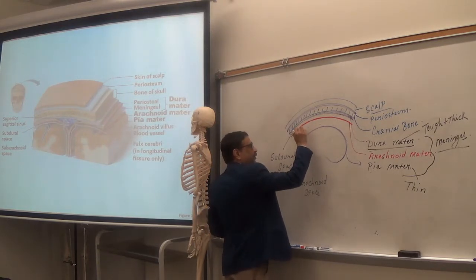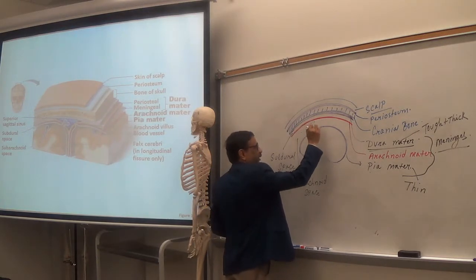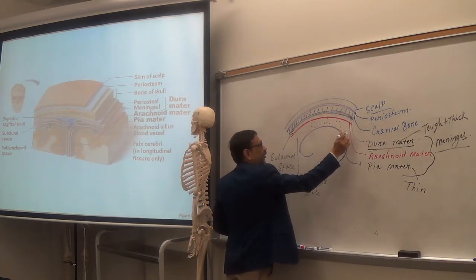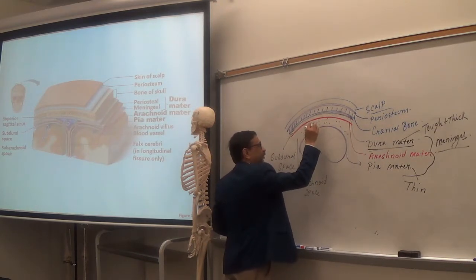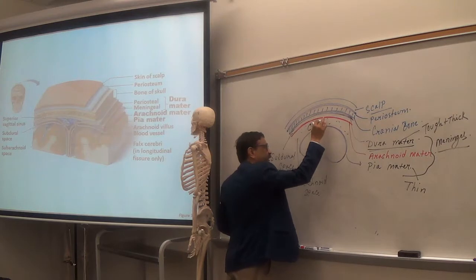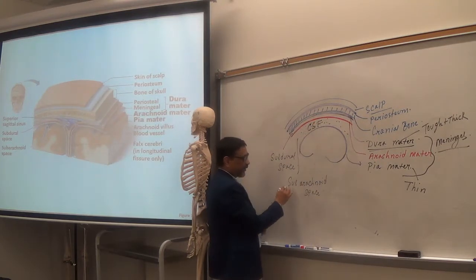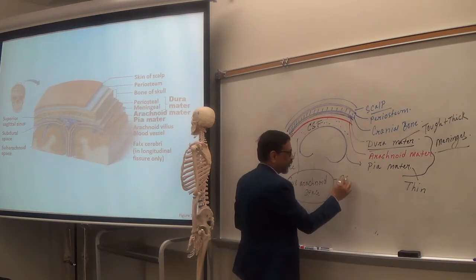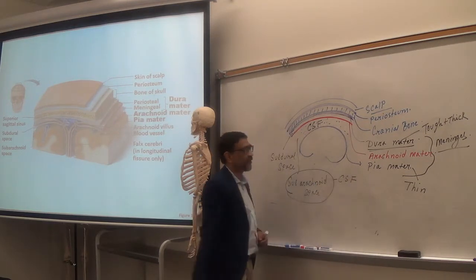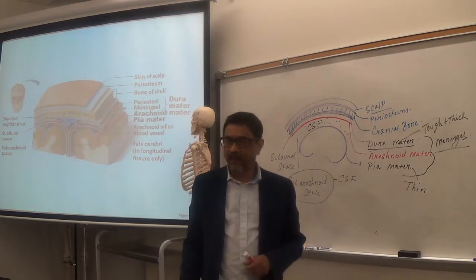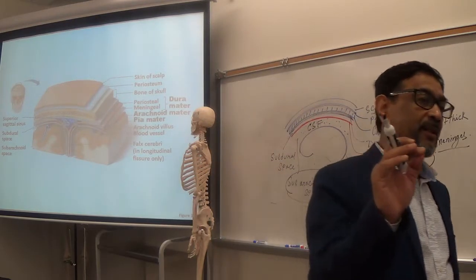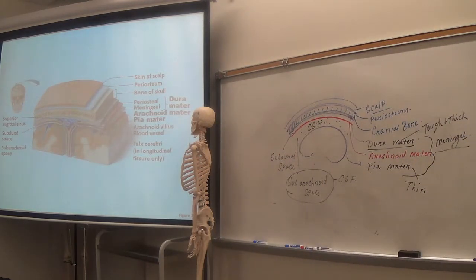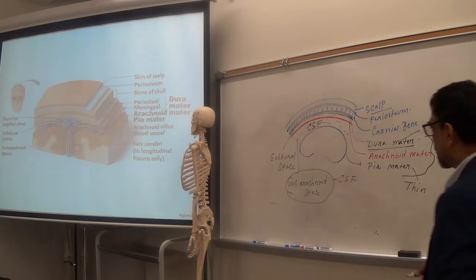This subarachnoid space is very important. Why? Because the cerebrospinal fluid is located in subarachnoid space. Cerebrospinal fluid is present where? In which space? Subarachnoid space. That means in between arachnoid and pia mater.